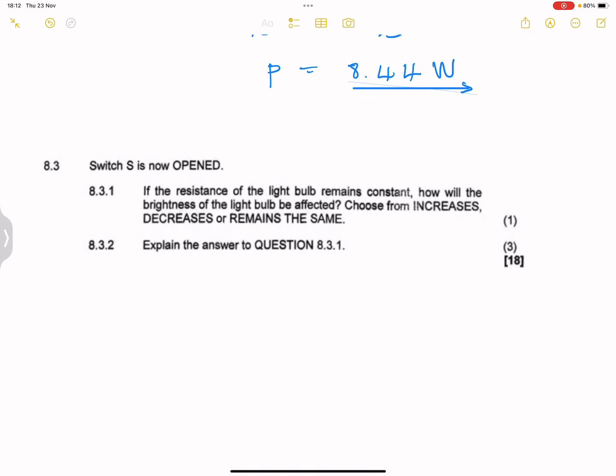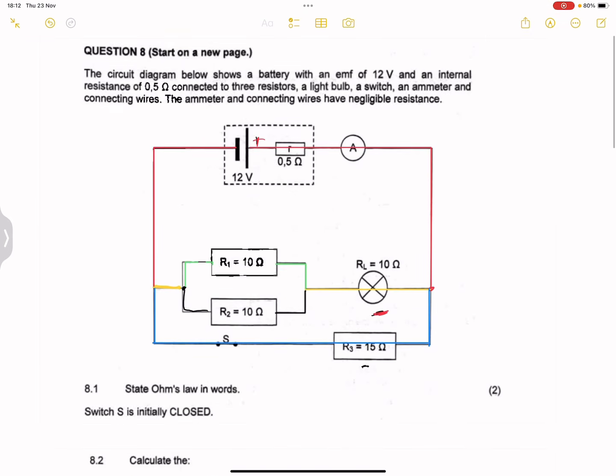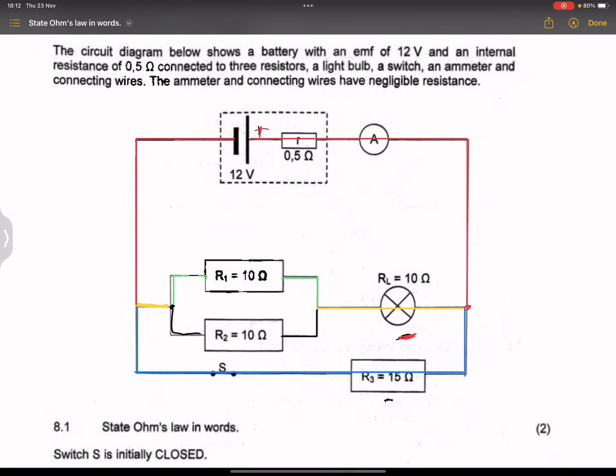They say switch S is now opened. Okay, so the moment we open switch S, what happens? There's no current flowing. So this resistor is as good as non-existent, right? So we've got that total number of resistors, which is R1, R2, as well as RL.